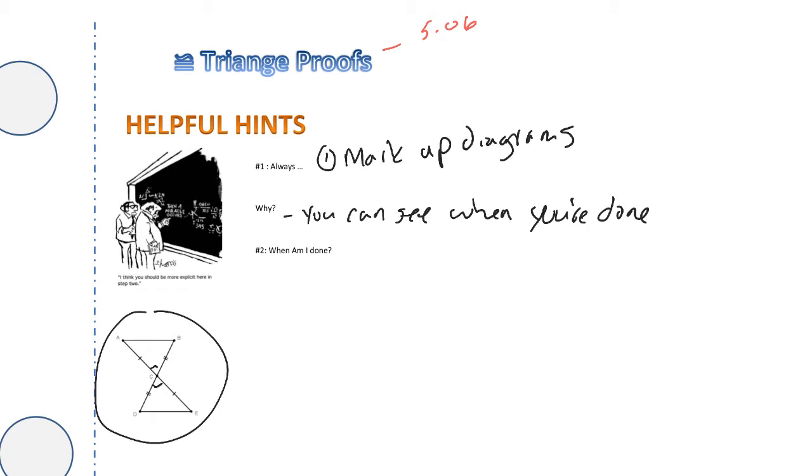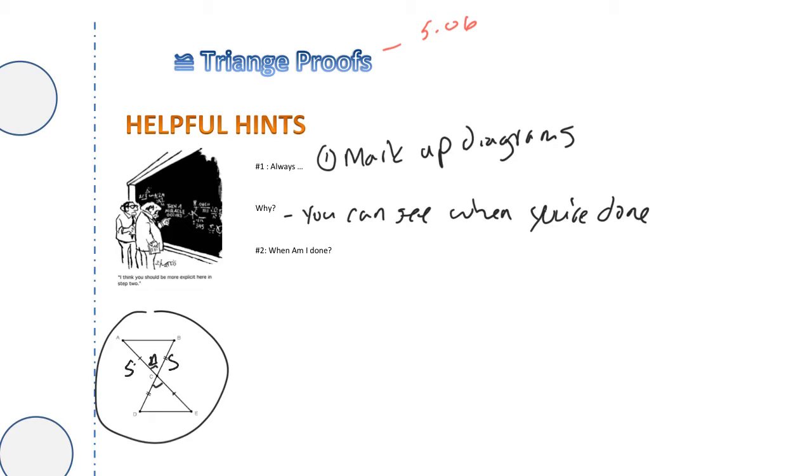Now I see one pair of sides equal, AC and BC, two pair of sides equal, DC, DB, and an angle equal. So I have three things. So I could figure out, oh, it's side, angle, side for this one.